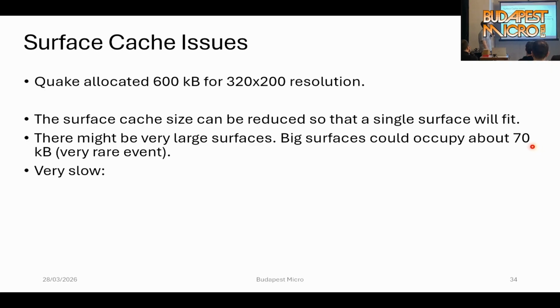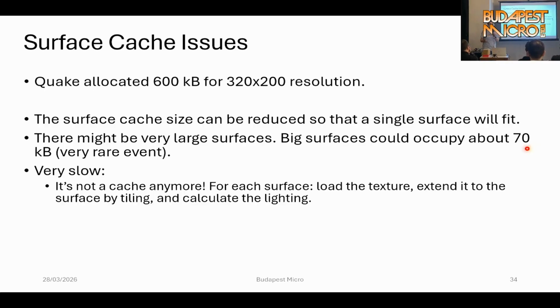But this is very slow because it's not a cache anymore, because every time you are overwriting what you have put in the cache, since basically just one or a few textures will be there. For each surface, you have to load the texture from the external flash, extend it to the surface by tiling, and then calculate the lighting.